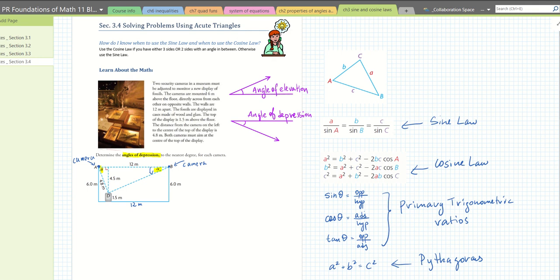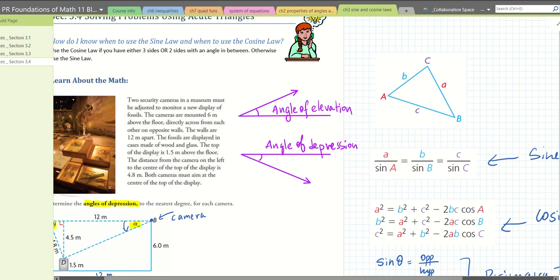So we have a couple of definitions that hopefully you remember from grade 10. If you don't, let's take a look here. Angle of elevation and angle of depression. Angle of elevation refers to an angle that's always measured from a horizontal reference line. So for example, this is our horizontal. If you go from the horizontal up, we call that angle of elevation.